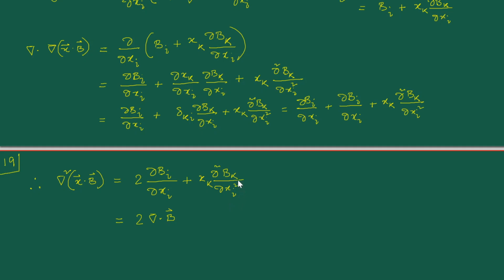If you just note that this part, del square bk del xi square, is simply the Laplacian of the b vector. So if we go to the rough column here and note this term separately, del square bk del xi square is simply the Laplacian of the b vector. So this entire entity has a vectorial nature because of the presence of this b vector.